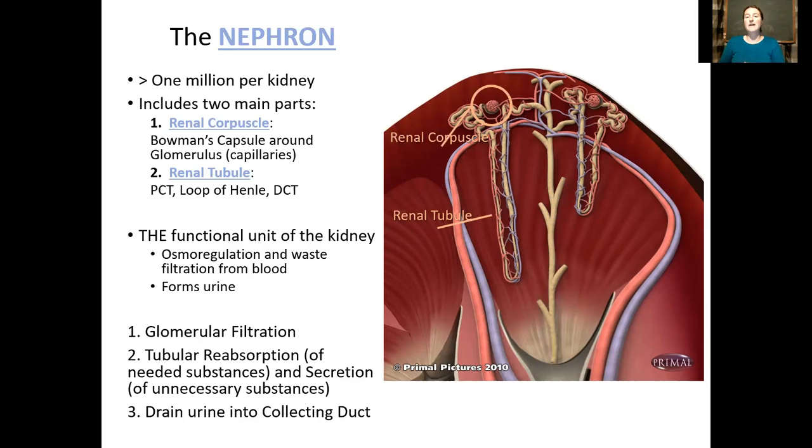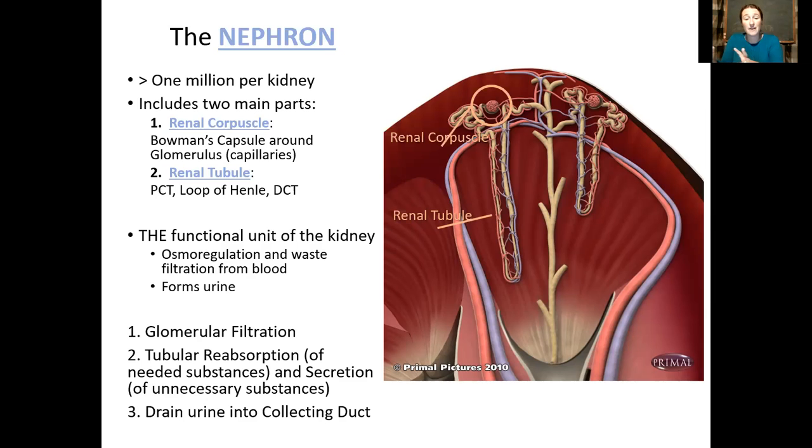The second part of the nephron is essentially playing with that filtrate, right? Components of the blood came from the glomerulus into Bowman's capsule here, and that fluid and everything within that fluid is going to be called the filtrate. So it's not technically the blood. There aren't actually red blood cells, but it came from the blood. It's a filtrate.